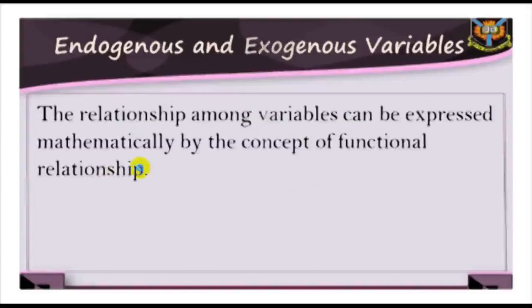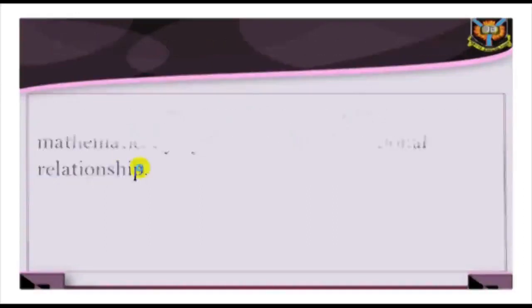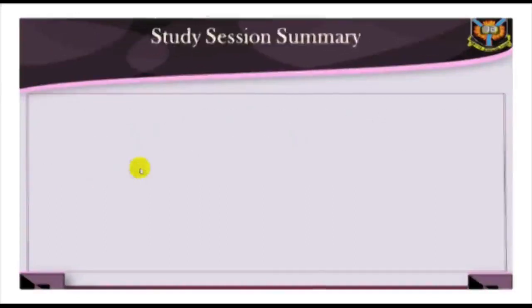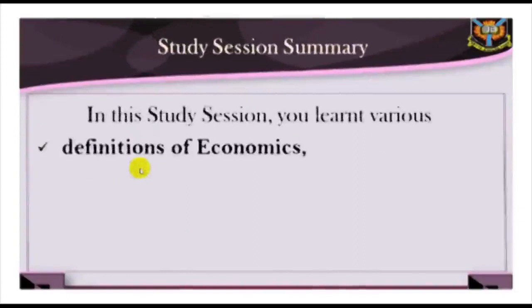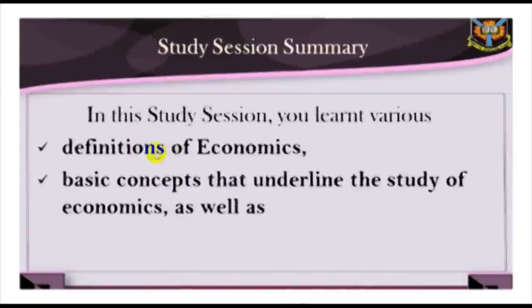Summary. In this study session, you learned that economics is a science which studies human behavior as a relationship between ends and scarce means which have alternative uses. Basic concepts that underline the study of economics are scale of preference, scarcity, choice, and opportunity cost.